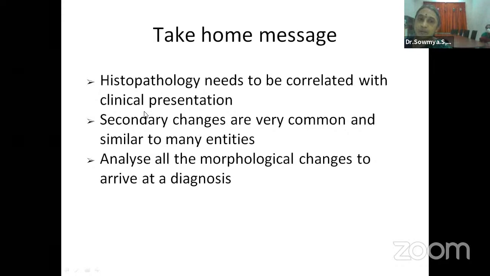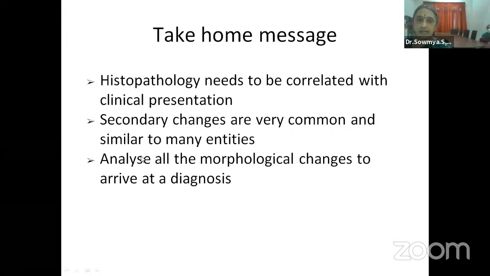So once you look into these secondary changes, do not stop only with that. Even neutrophils can be deceptive in a synovium. So you have to see carefully what are the other findings, and we have to correlate clinically and with the ancillary studies. Then only we can come to a conclusion. And always look for any foreign body, other changes, and analyze the entire morphological spectrum to arrive at the diagnosis.